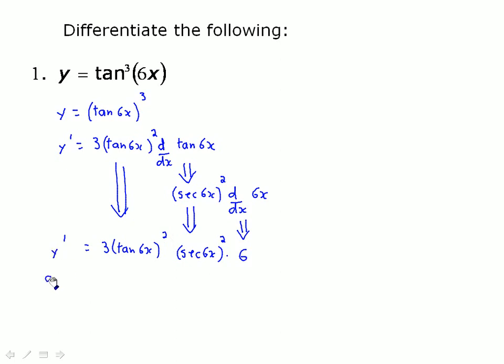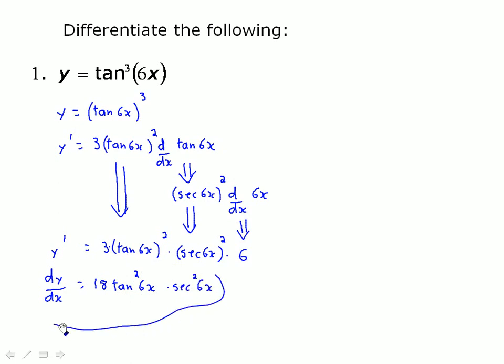Now putting this in a better form, the derivative of y with respect to x. Now be really careful. This is 3 times 6. It's 18. So you multiply the numbers together, and everything else is being multiplied together. And then we have tan. I'm going to put this back in the normal form, tan squared 6x multiplied by secant squared 6x.